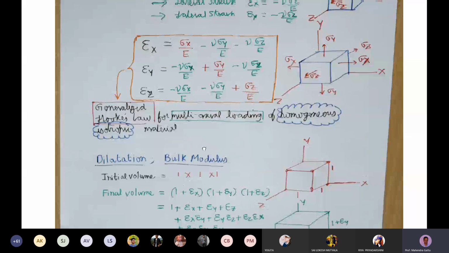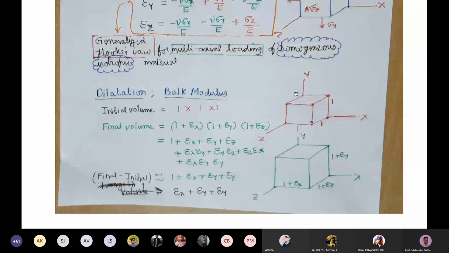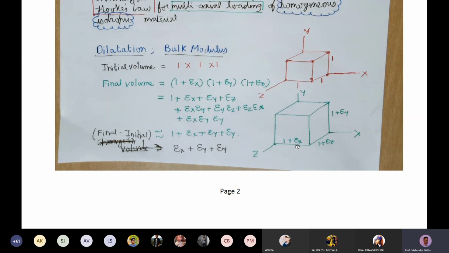We have the generalized Hooke's law, and then what we can do is calculate the change in volume of the stress element. So we have this initial stress element, which is a cube with side length 1, and under the action of the loads, the deformation is 1 plus epsilon x, 1 plus epsilon y, and 1 plus epsilon z. So the total volume will be the product of all these three values: final volume is 1 plus epsilon x, 1 plus epsilon y, 1 plus epsilon z.